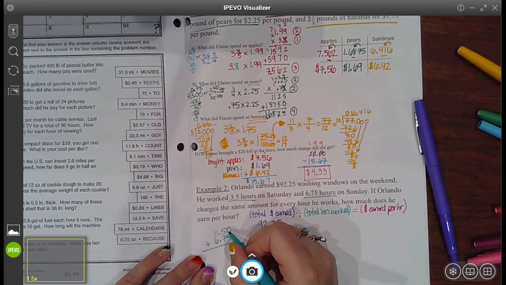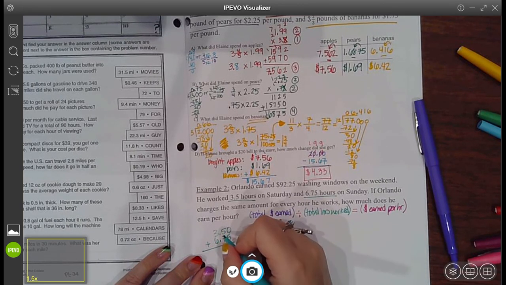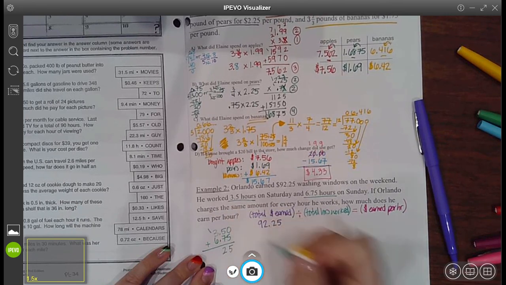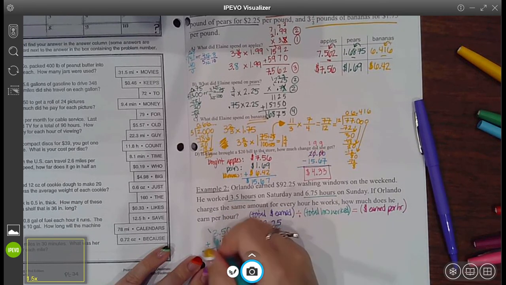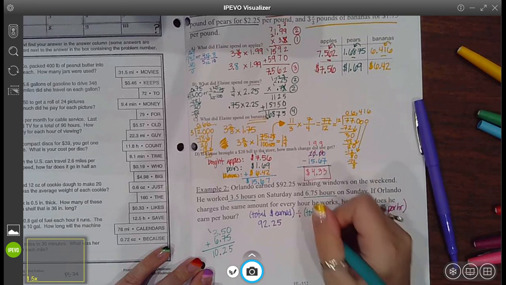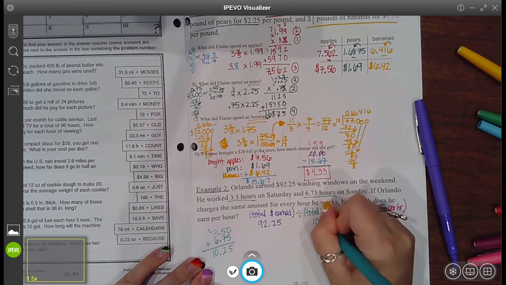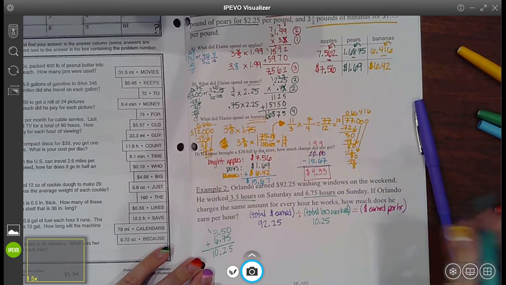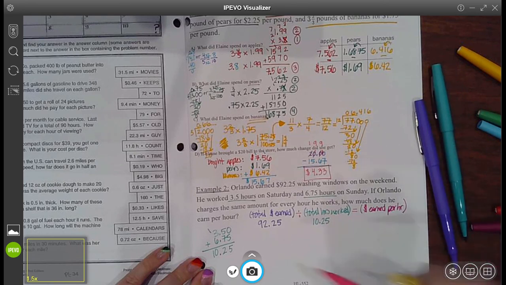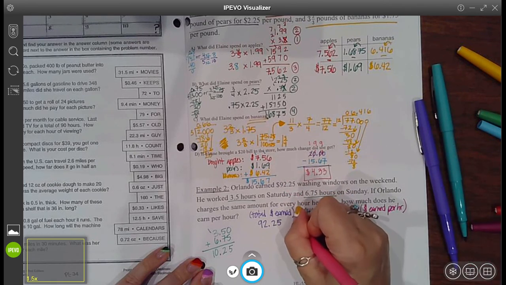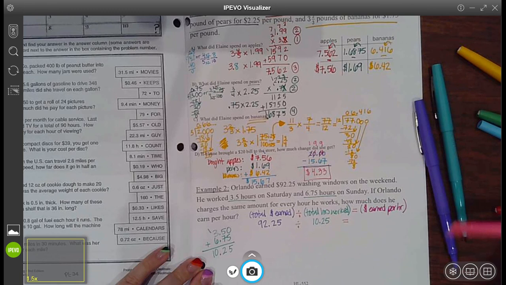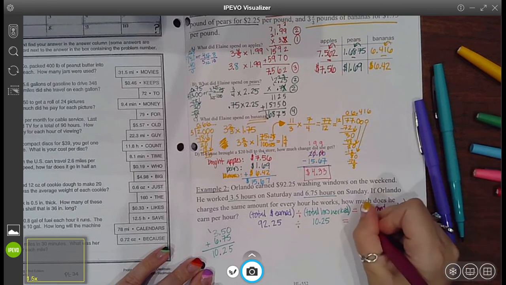Okay, 0 and 5 is 5. 5 and 7 is 12. That's 9 plus 1 is 10. Bring down your decimal. So he worked a total of 10.25 hours. And we're going to take that and we're going to divide those two in order to figure out how much you earn per hour.